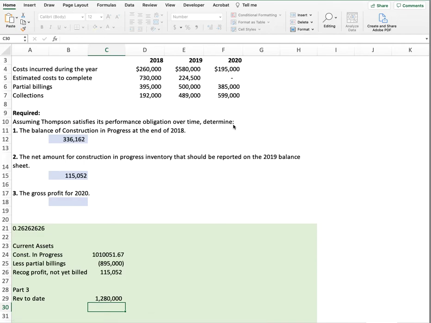Then we're going to subtract out the revenue from our previous periods, which we already calculated right here previously, so I'm just going to pull that number down.